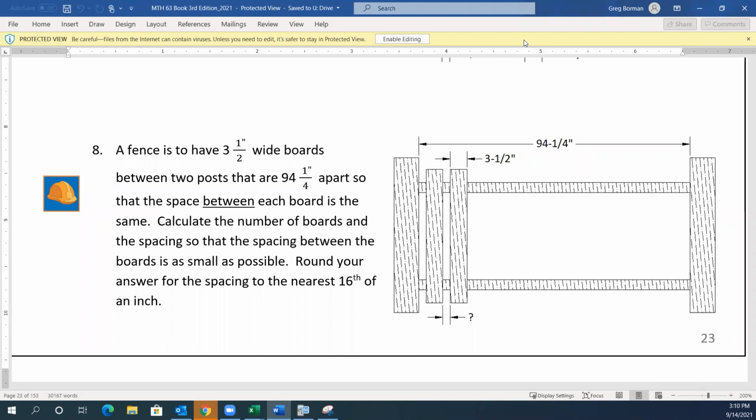Coolio. All right, so we can do 26 boards. Now, how much of a gap are we going to have? Because that's the other thing we got to know. Well, it would be nice to know how much total gap there's going to be.